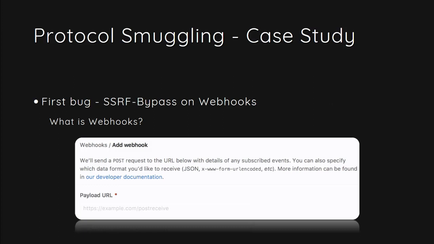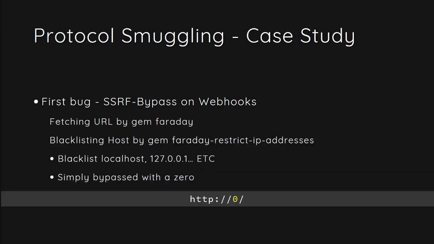While playing with GitHub Enterprise, I noticed there is an interesting feature called webhook. Webhook can define a custom HTTP callback when a specific Git command occurs. GitHub uses RubyGem's SSRF filter to fetch external resources and prevent users from SSRF by restricting IP addresses.